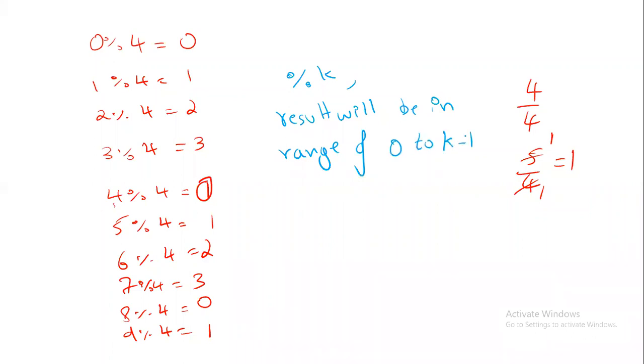This is what you have to understand. Now I have done mod 4. If I do mod 4, the result will be from 0 to 4 minus 1, that is 3. That's why our answer will be from 0 to 3, inclusive of 0 and 3: 0, 1, 2, 3.